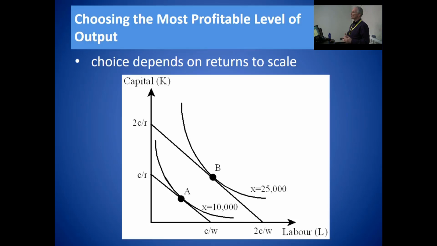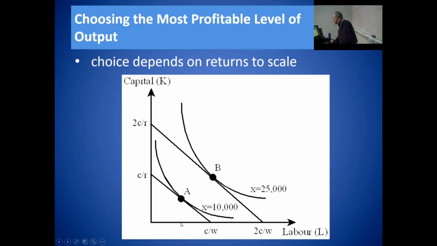The least cost combination way of producing 10,000 units of output is when the firm is on its lowest possible iso-cost line. That is that iso-cost line there that just touches the isoquant at point A. Nothing new from what we saw in the previous diagram. The firm wants to produce 10,000 units of output, and the way that it does that for the minimum cost is that combination there at A.